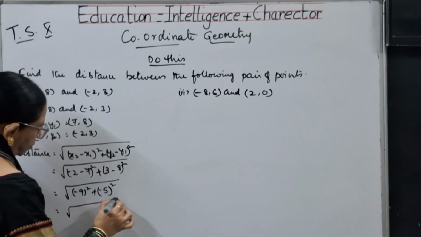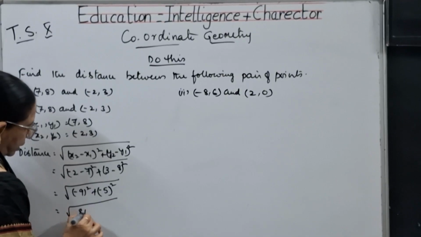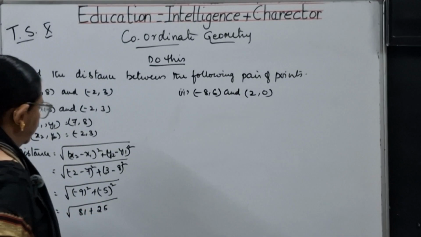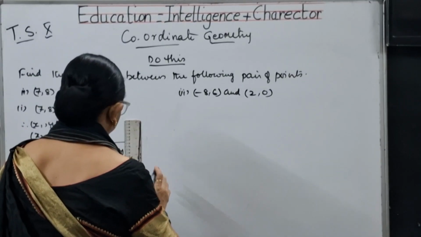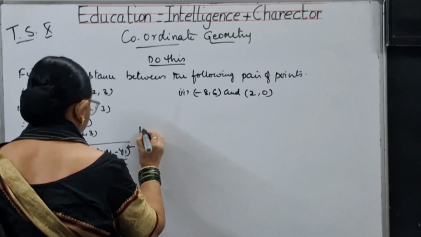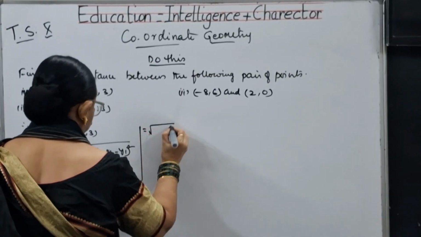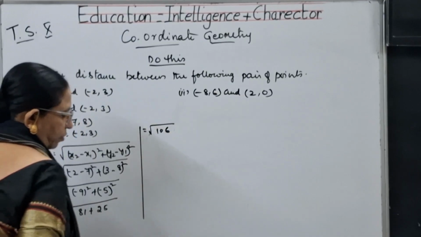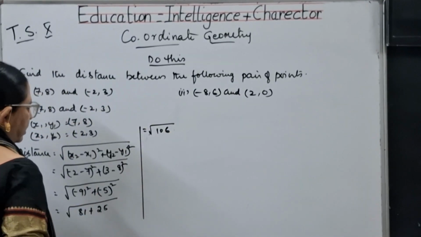That is equal to root of 81 plus 25. So, how much is that? Root of 106 you are getting.